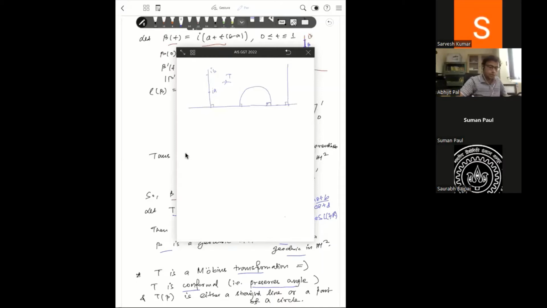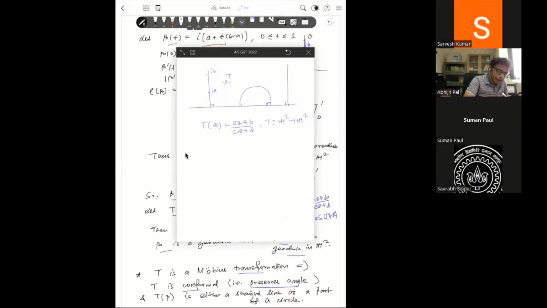When I say conformal, then we are moving to complex analysis. Another thing is that Tz is equal to (az plus b) by (cz plus d). So this T is defined from the upper half plane to the upper half plane.